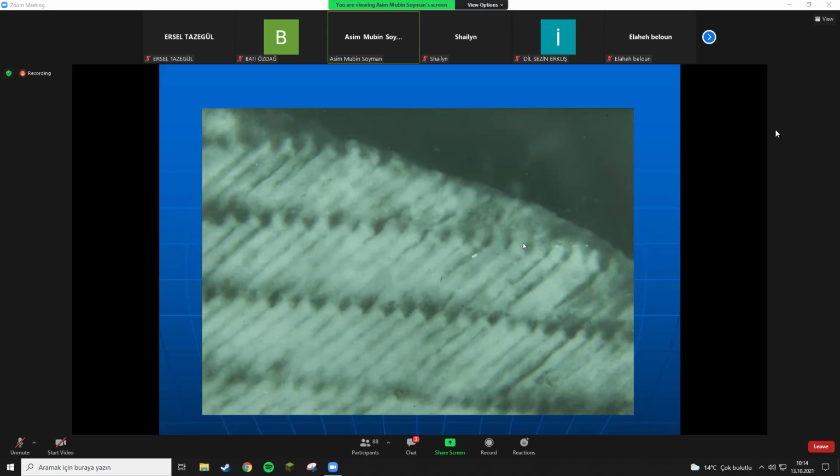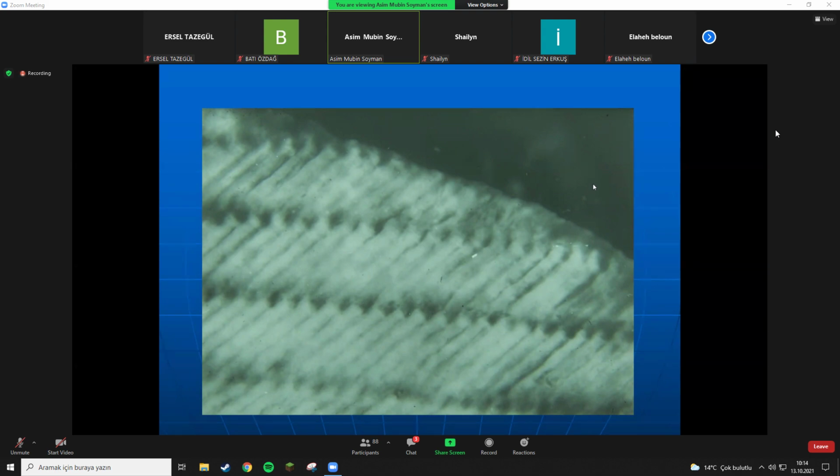Of course, these Retzius lines at the end come to the outer enamel surface, and there's a small notch in here, which is less calcified.